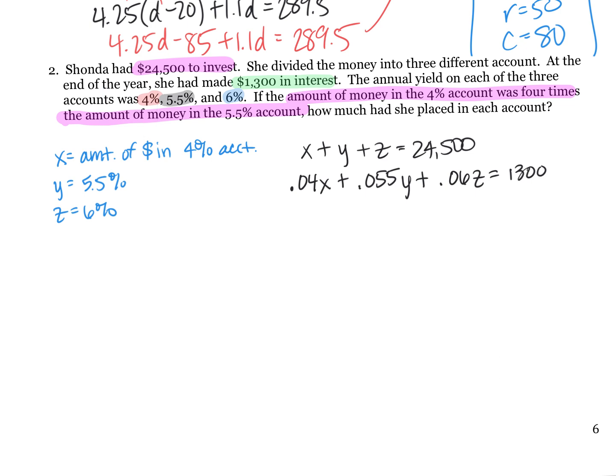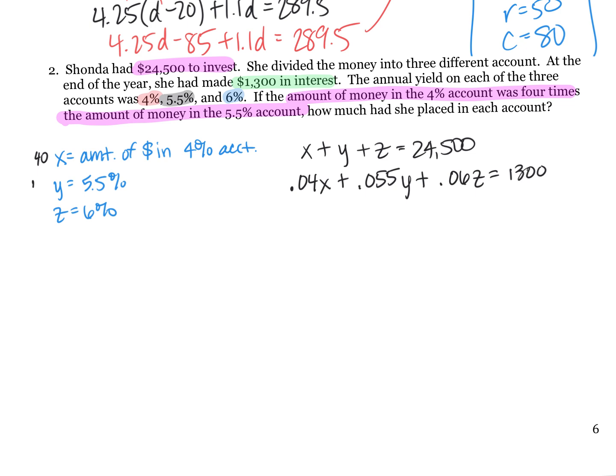Ben, you're saying the amount of money in the 4% account, you're saying that we have $40. Woo! $40 in that 4% account, okay? And it says the amount of money in the 4% account is 4 times the amount of money in the 5.5% account. If we've got 40 in the 4%, what would I have in the 5.5%? 10, right?